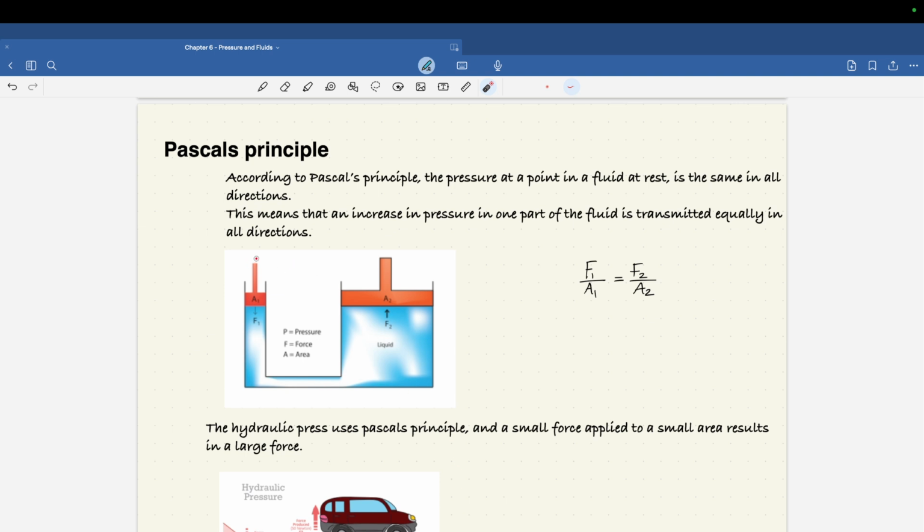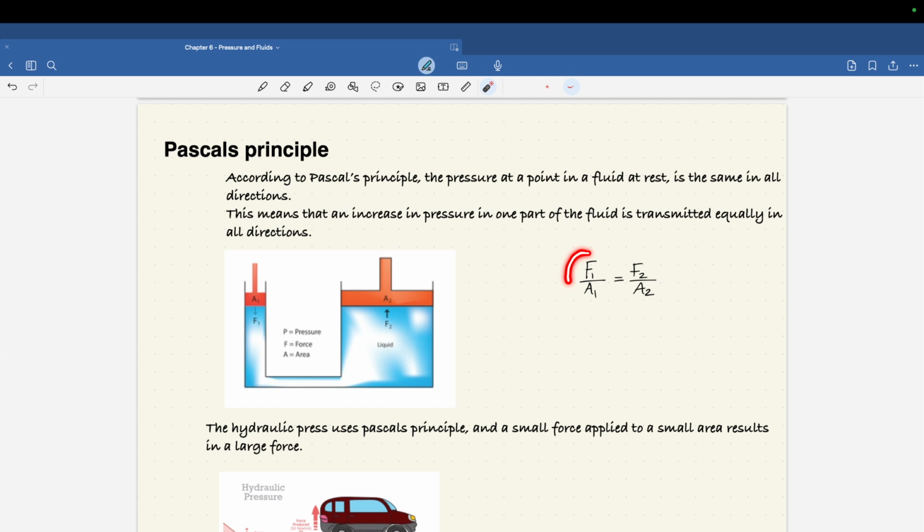So if you apply a small force F1 on this side where the area is A1, you're going to get a much bigger force on the other side because the area is bigger. So the idea is when you apply the force, there is a pressure which comes here. And you know, pressure is force by area.